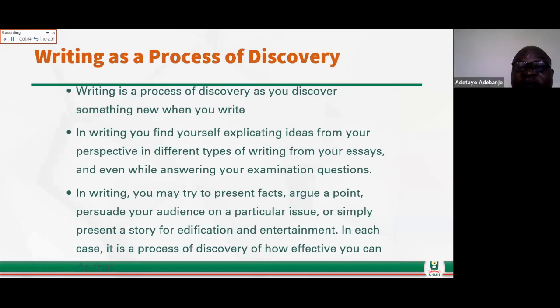There is a process of writing. It's a process of discovering as you discover something new when you write. Because the idea you are getting will be different. You look at what you are writing and you see that what I'm writing now is not in line with what is going.